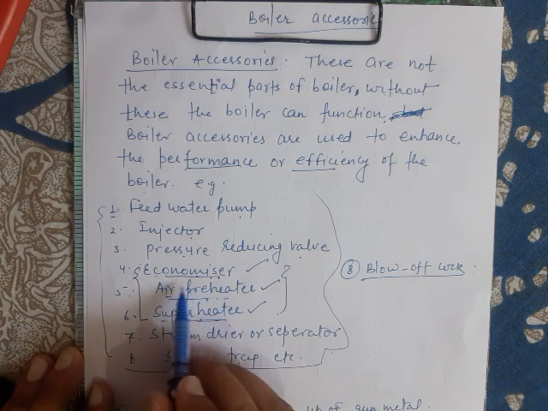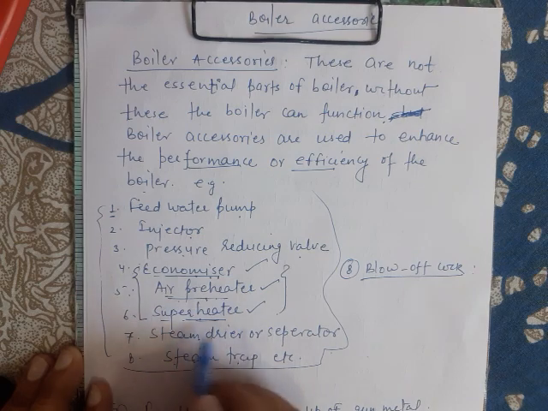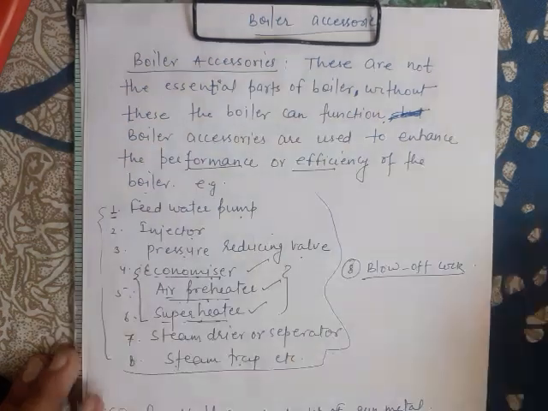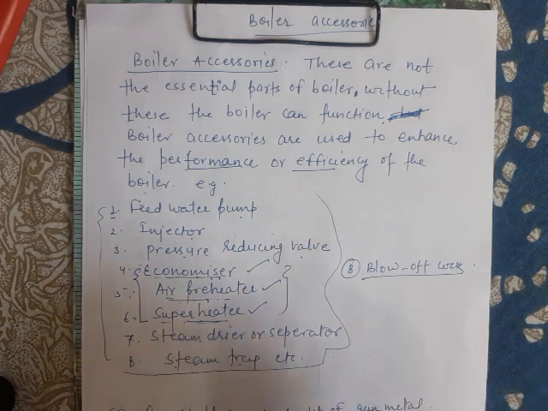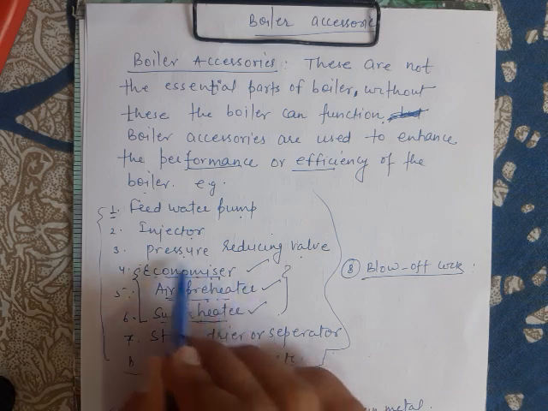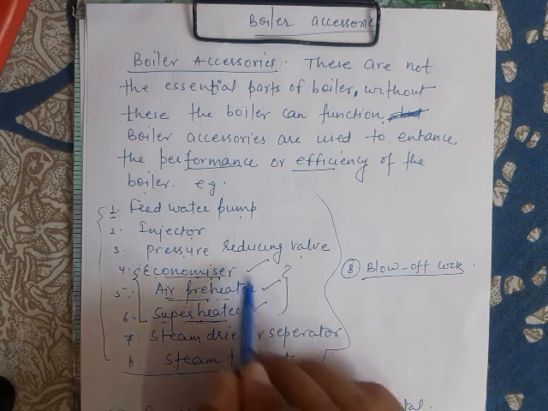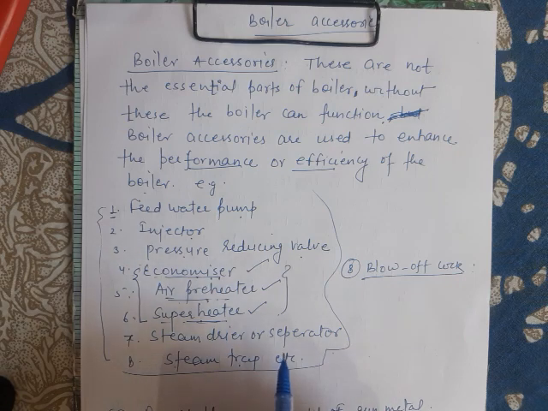So it is used to preheat the air by utilizing the heat of the flue gases which are about to discharge in the atmosphere through the chimney. Superheater is utilized to convert the dry and saturated steam into superheated steam. So these are the three important boiler accessories which I have told you over here. Rest of the boiler accessories we will understand with the help of a diagram.